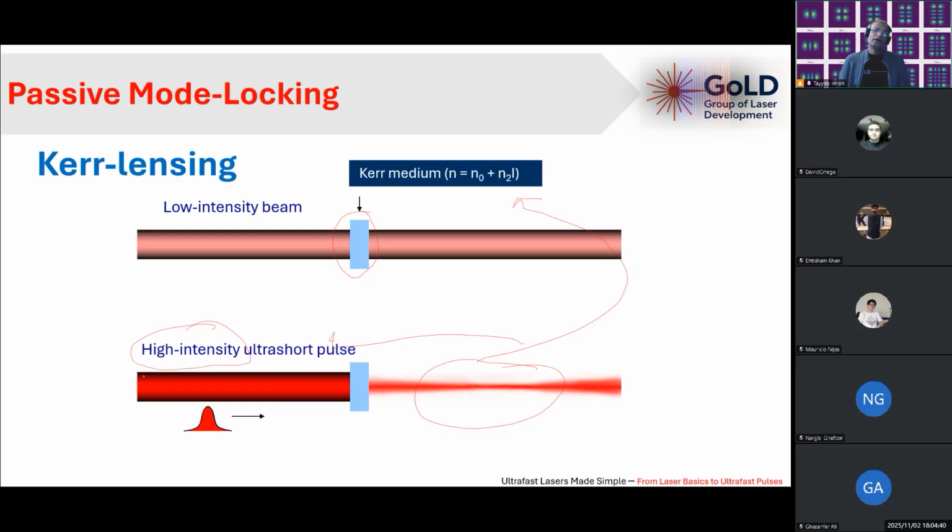Okay, so this is self-focusing. Very intense light passes through the Kerr medium and self-focuses. And this self-focusing is the key to Kerr-lens mode locking.